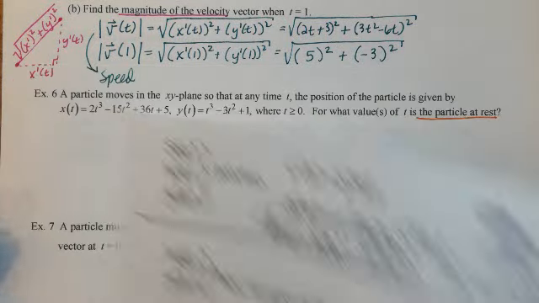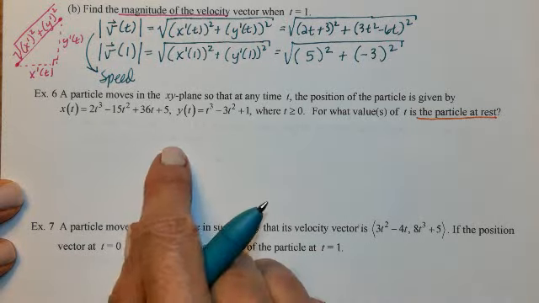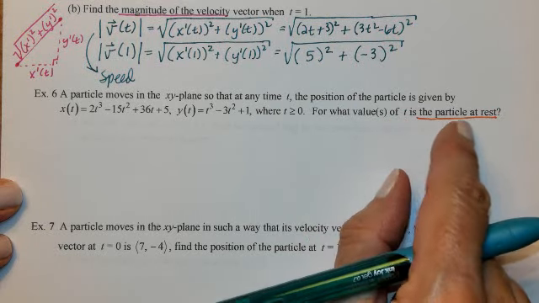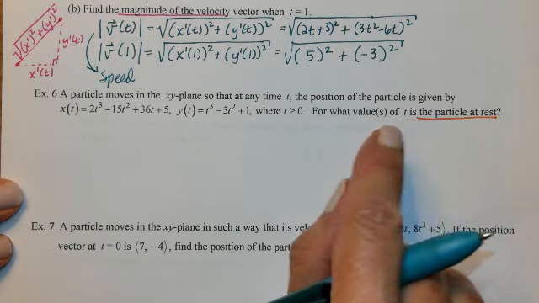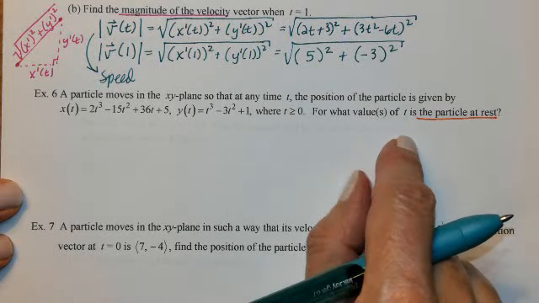That was in rectilinear motion. Well, remember here that the velocity is not a number. The velocity is a vector. So the particle is going to be at rest when the velocity vector is 0, 0.